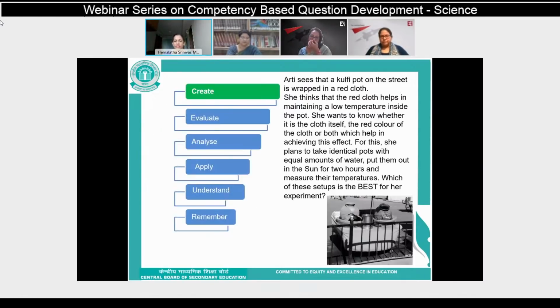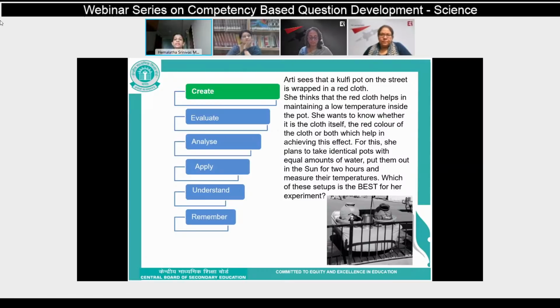This is a very typical and interesting question, where we can see the level of creation amongst children, especially when balanced with visuals. Aarti sees that a kulfi pot on the street is wrapped in a red cloth. She thinks that the red cloth helps in maintaining a lower temperature inside the pot.